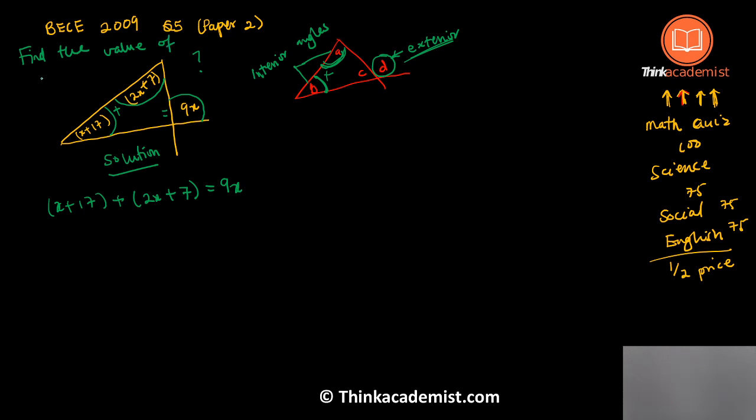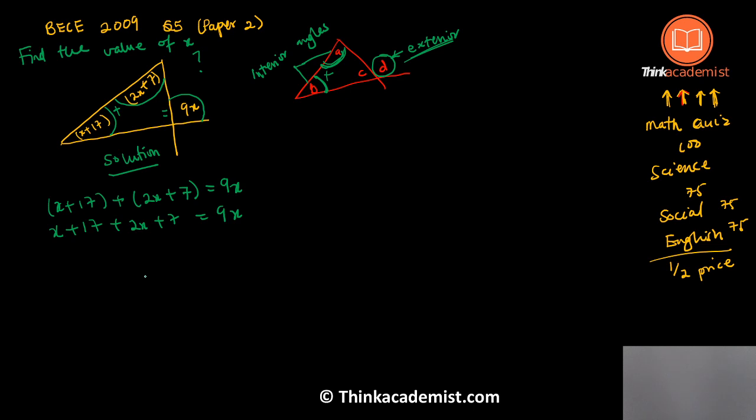With brackets and no negative, it means plus 1, so we use plus 1 to expand all this, and nothing will change. So x plus 17 plus 2x plus 7 equals 9x.